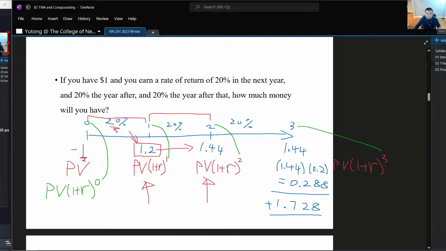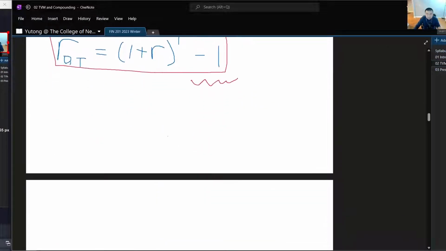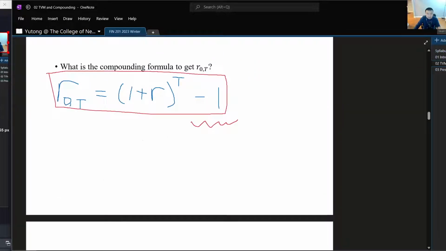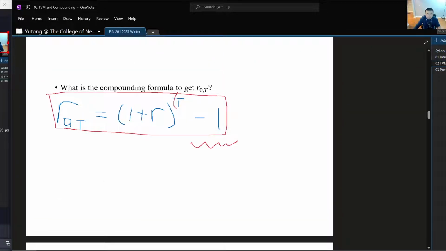Okay, so this is called compounding, interest compounding. Basically we're counting interest from the previous period as our new principal at the beginning of the upcoming period. The compounding is achieved by using powers, okay?